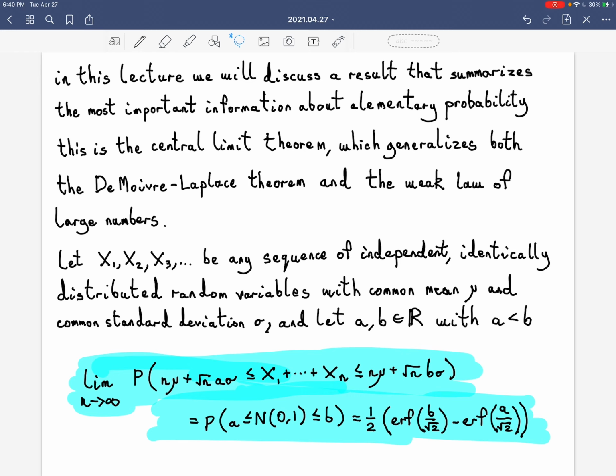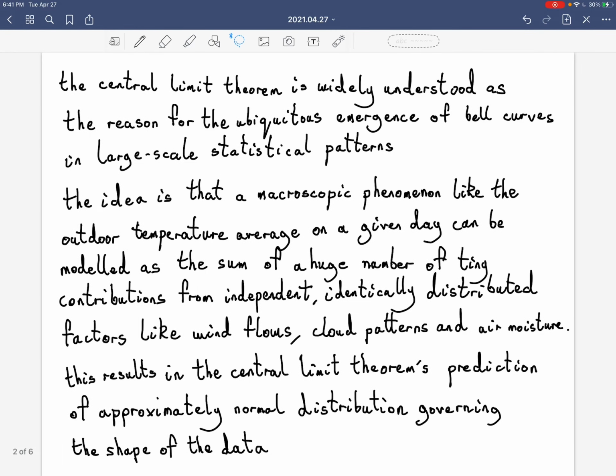And then we're scaling in terms of a. And on the upper bound, we have b, and we're centering at n mu and scaling in terms of square root n sigma to get this upper bound of b. And we can calculate it the same way we're used to with the de Moivre-Laplace theorem as 1/2 erf(b over root 2) minus erf(a over root 2).